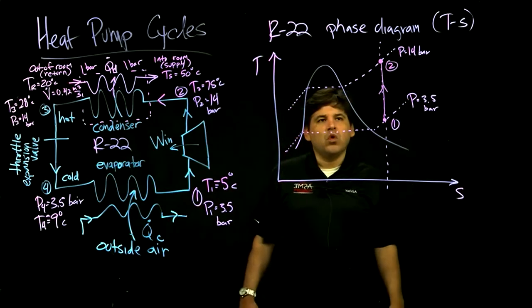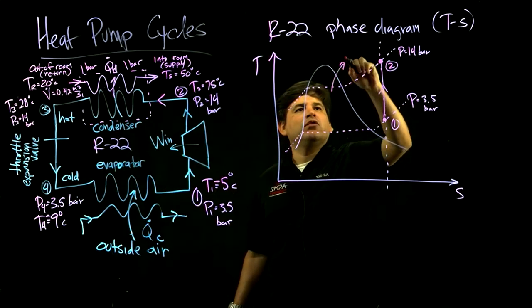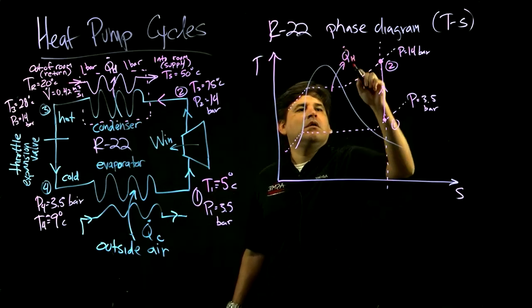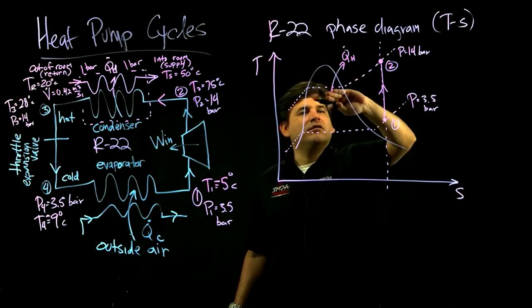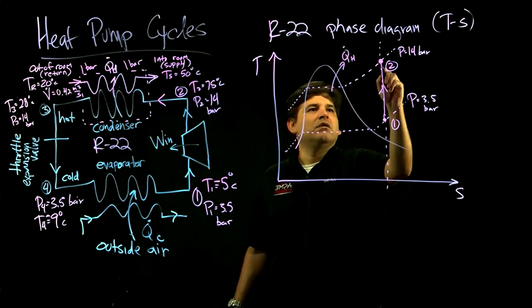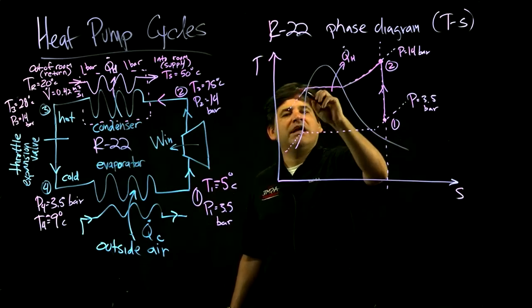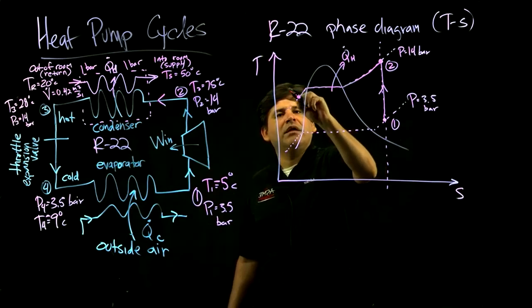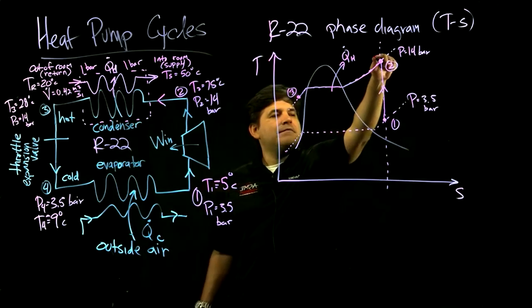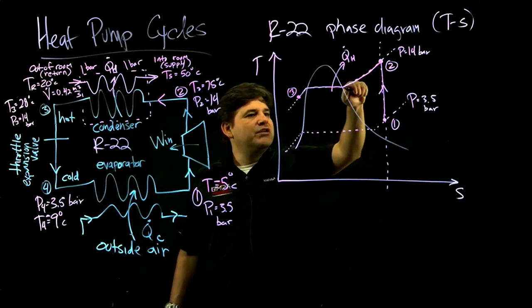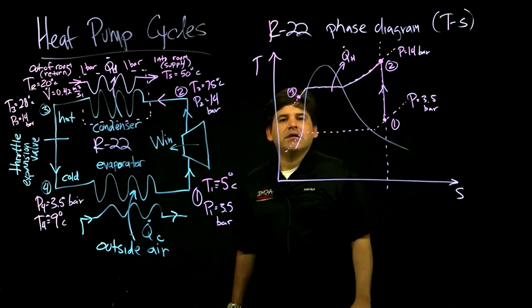Then what you want is at high temperature, have heat exchange to the room by condensing, losing energy from the working fluid to the room. By doing so, the temperature will decrease and the state will change from vapor to liquid, typically somewhere here, state 3. So you start at superheated vapor, you lose energy, you get into this mixture state, then you even go further to the compressed liquid regime.